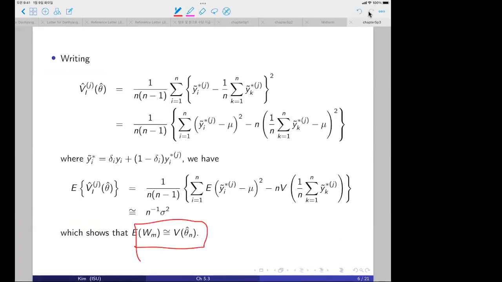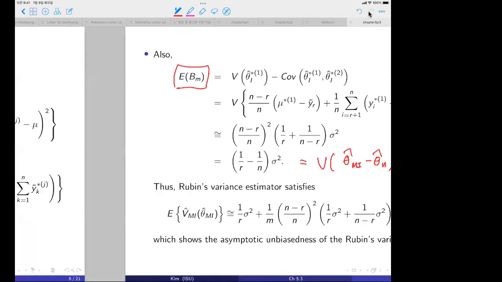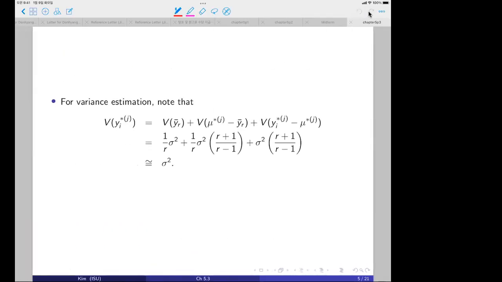So that's the first step. Then the second step is we want to check whether this assumption, which is actually the variance of the y bar, theta hat mi, theta hat n, is satisfied. So we'll check on this one by one.